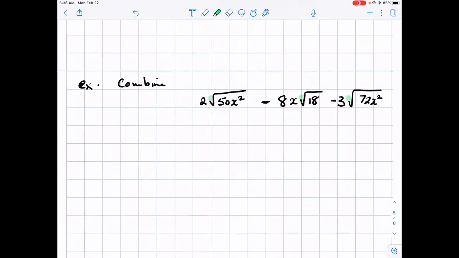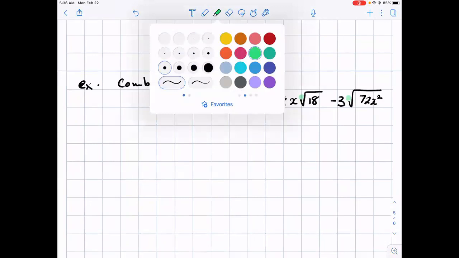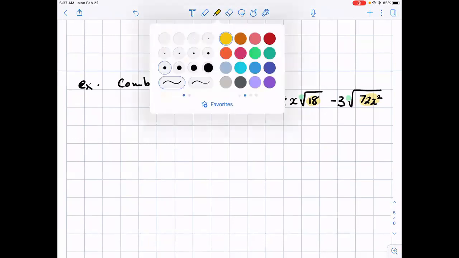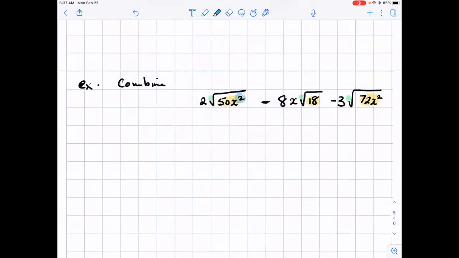Now we have to simplify the radicands because the radicands for them are different. Two of the radicands are the same, but we can combine those. However, I wouldn't, because I notice that the exponent here is a 2 and there it's a 2. So this definitely can be simplified.